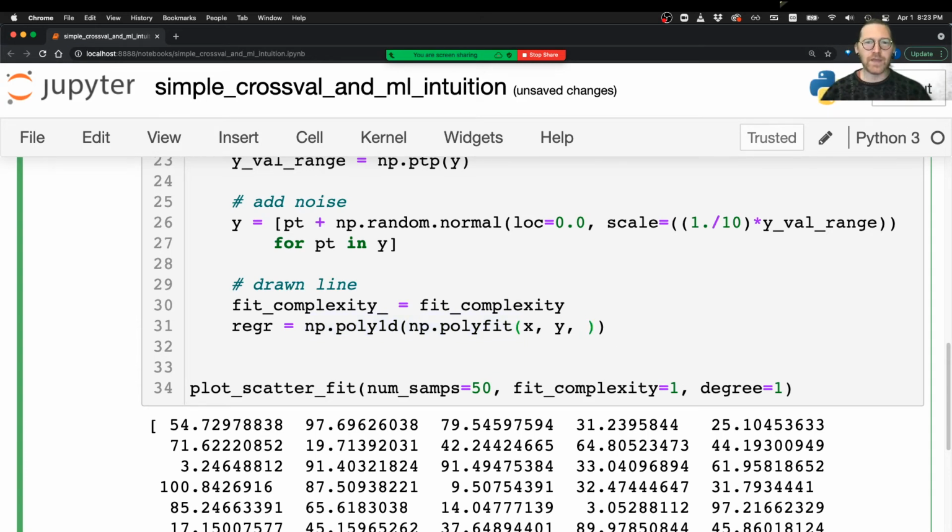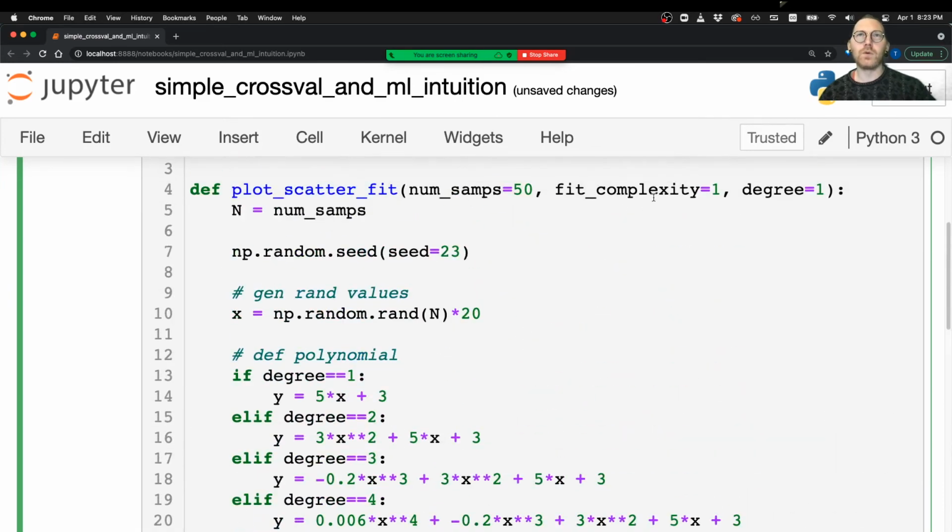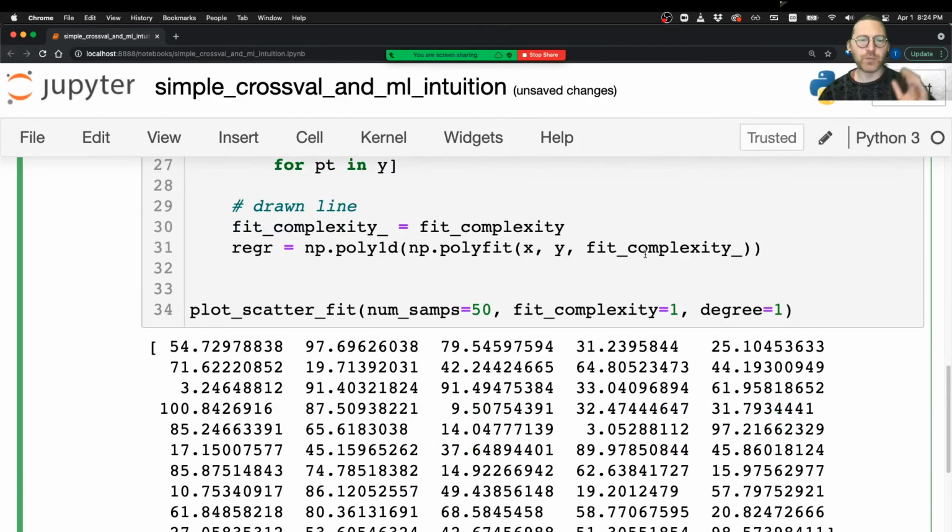So x, y, and then I'm going to pass in the fit complexity, which is a parameter of this polyfit line. If I want to superimpose a very complex, very curvy thing on this, I can do that. But currently, by default, we have this set to just a simple linear fit.